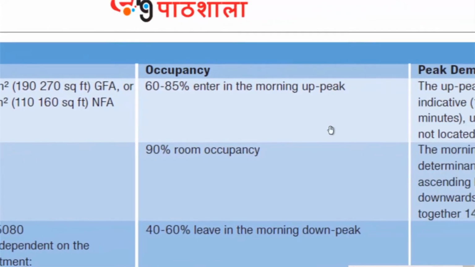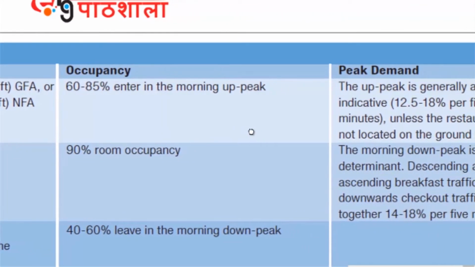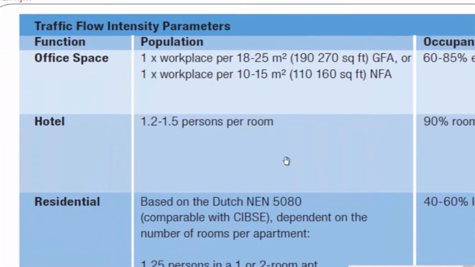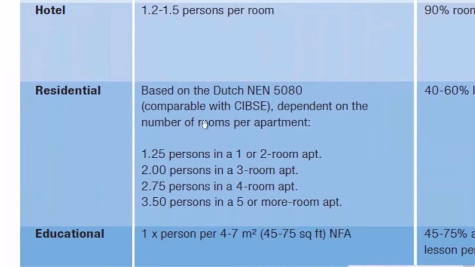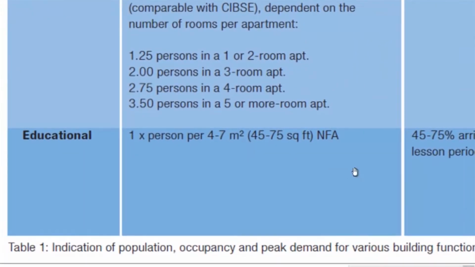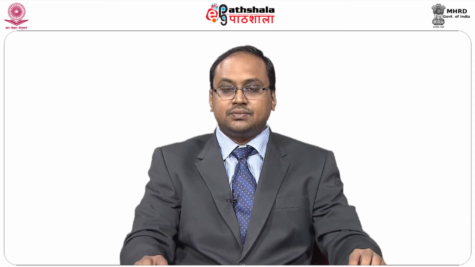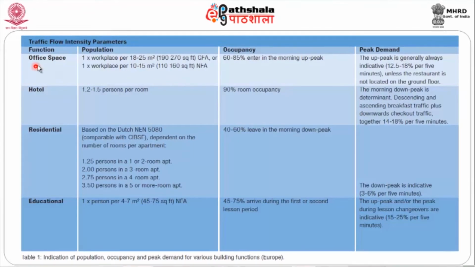Now occupancy 60 to 85% enter in the morning up peak. Peak demand, the up peak is generally always indicative unless the restaurant is not located on the ground floor. Similarly, hotel and residences and educational indicators are given here. Let us go through one by one.